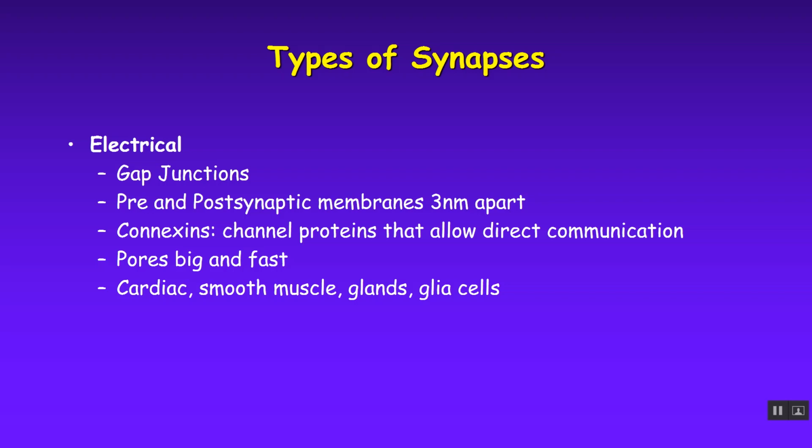So some molecules can move between glial cells, and you can even have waves of electrical impulses move through them. They're not truly generating an action potential, but it's theorized that this is how some communication can occur in glial cells, through these electrical synapses.